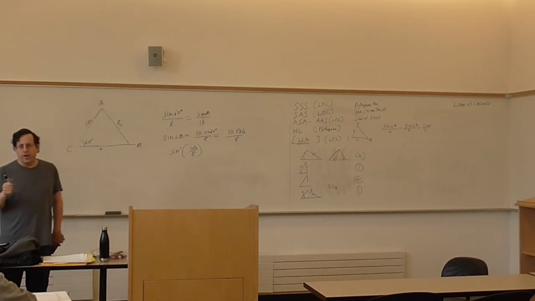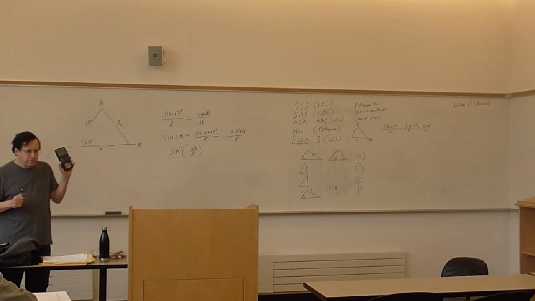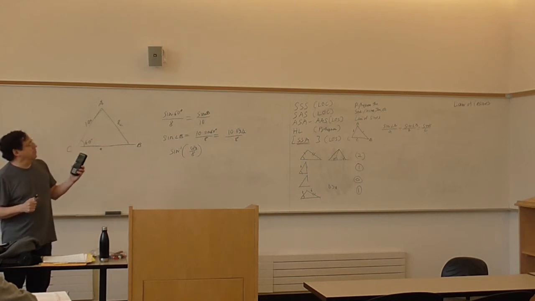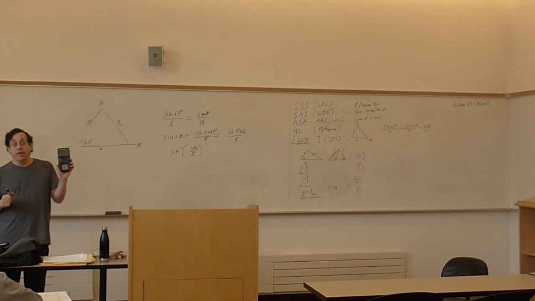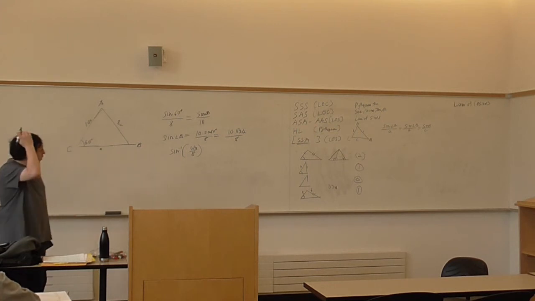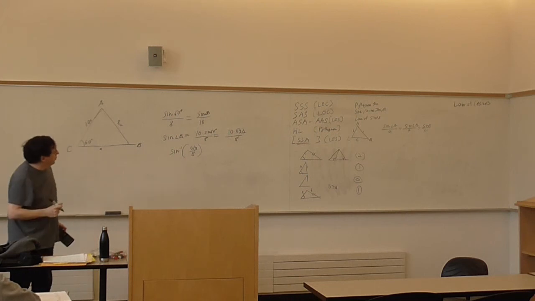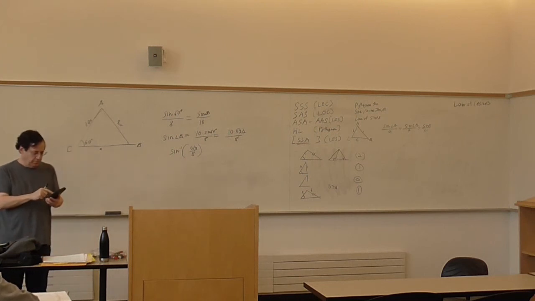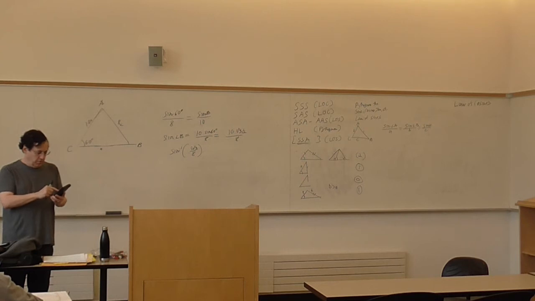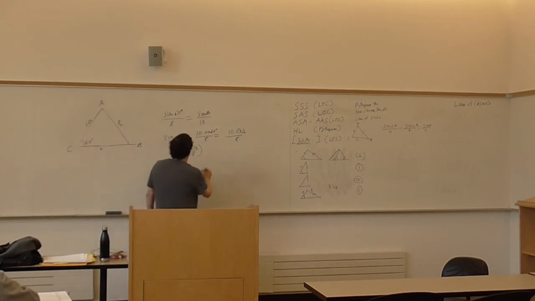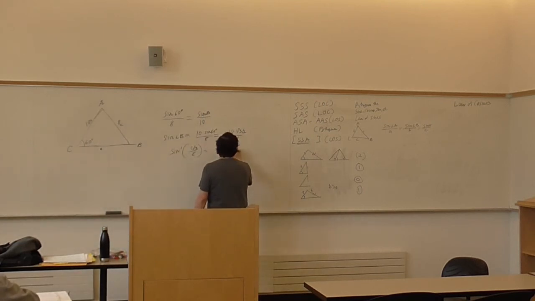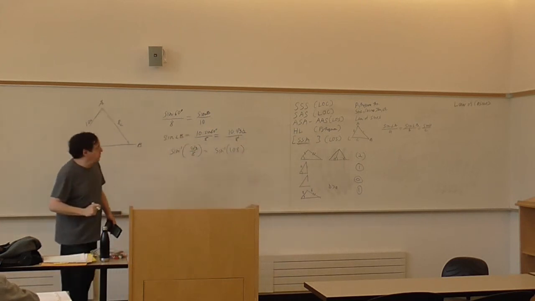If you didn't do this in your calculator and you're sitting next to somebody, look over on their calculator so you know what it looks like when you have a domain error. It says error domain, right? Well, what went wrong? Well, again, what's 5 times the square root of 3 divided by 8? Oh, I'm trying to find the inverse sine of 1.08. Well, that's not going to work either, right?